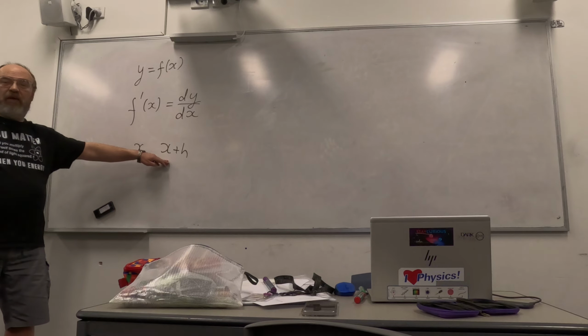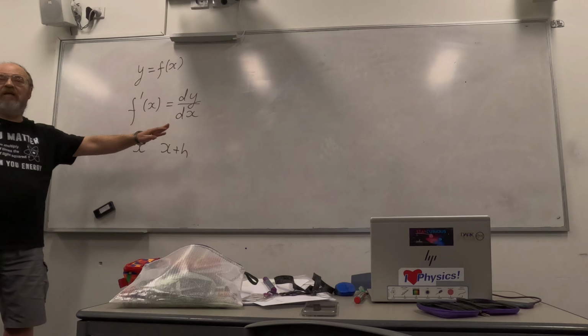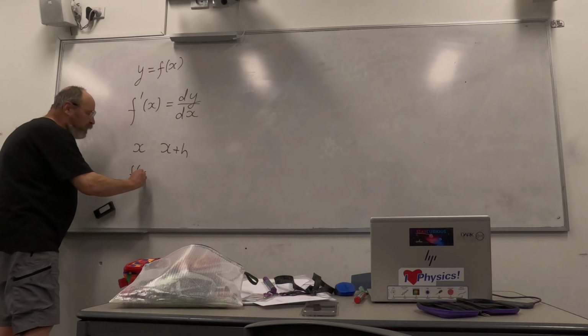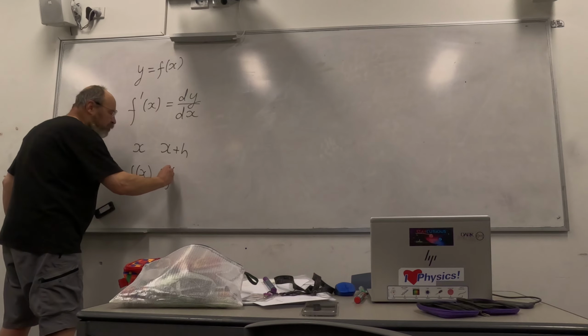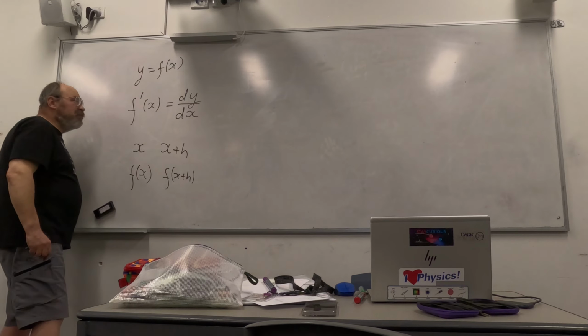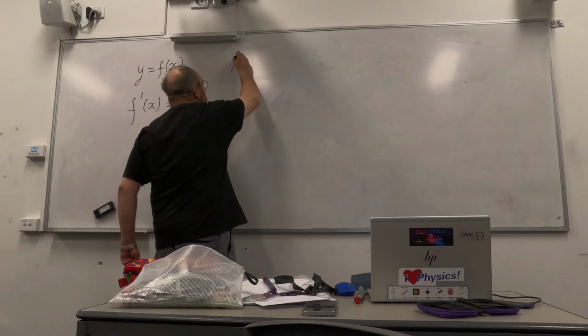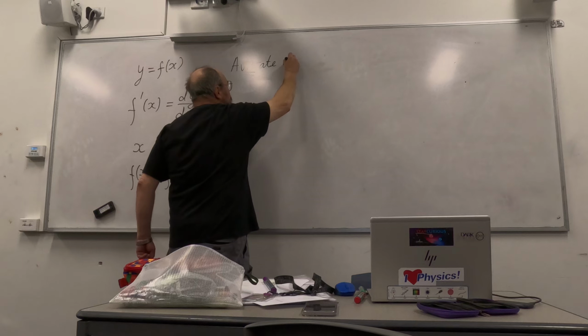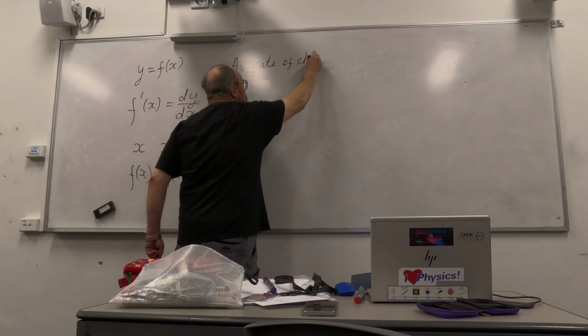Then we take another value of x plus h. We added some number. So we have the value of y will be f of x. Here will be f of x plus h. First, let's find the average rate of change between these 2 points.